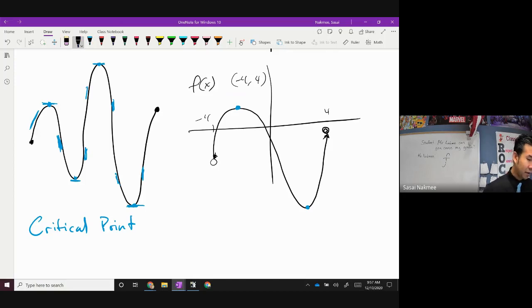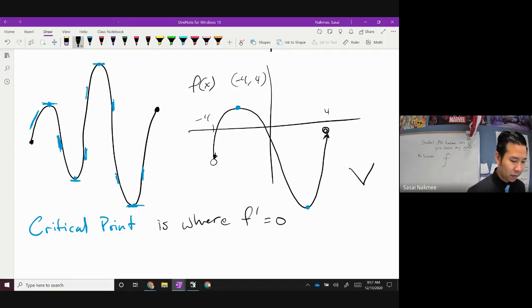A critical point is where, and this is exactly what Brown was saying, the derivative of a function is equal to 0. Or it could also happen, if it's pointy, when the derivative at that point does not exist.